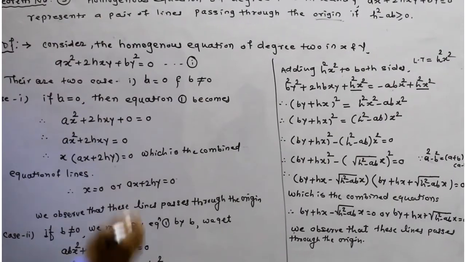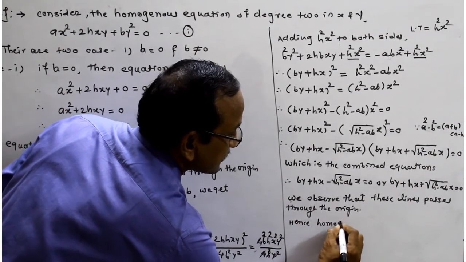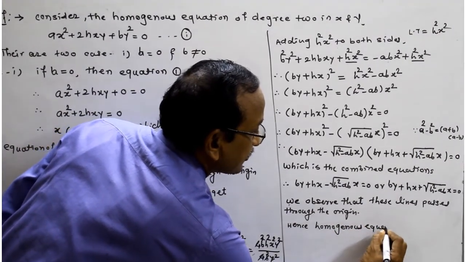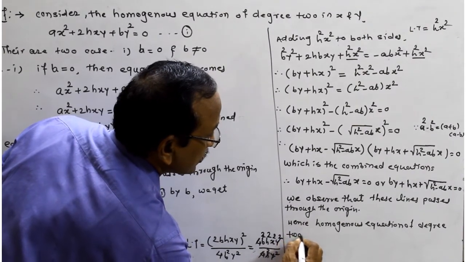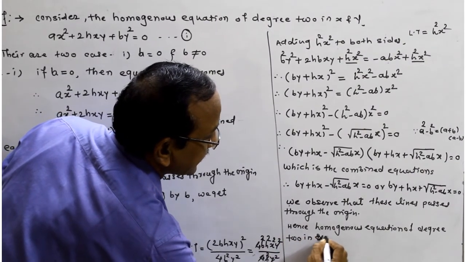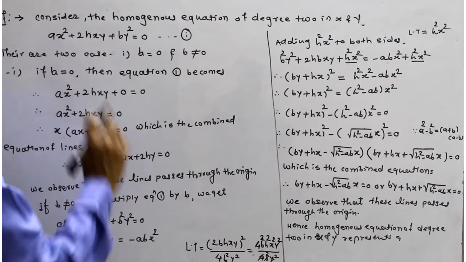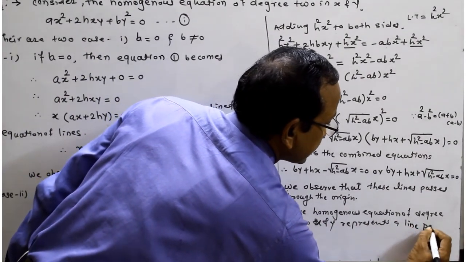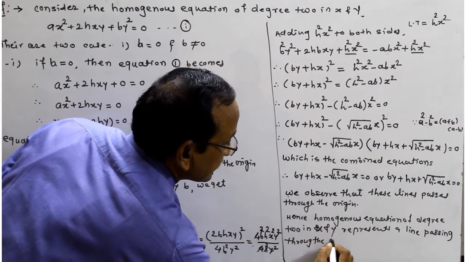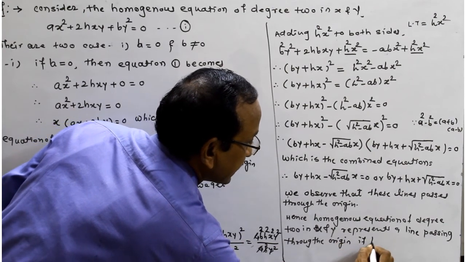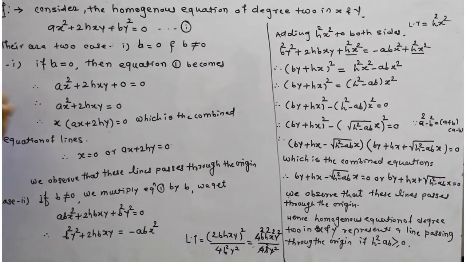Hence the homogeneous equation of degree 2 in x and y represents a pair of lines passing through the origin if h square minus ab is greater than or equal to 0. This is the required proof of this theorem, and thank you.